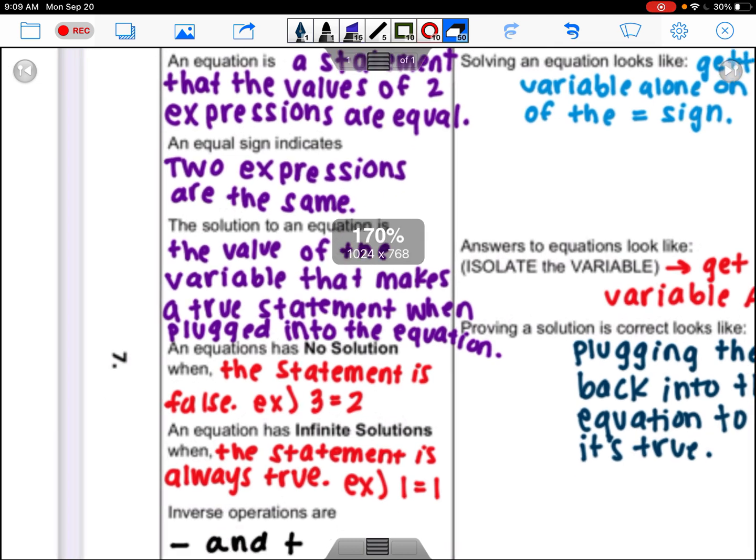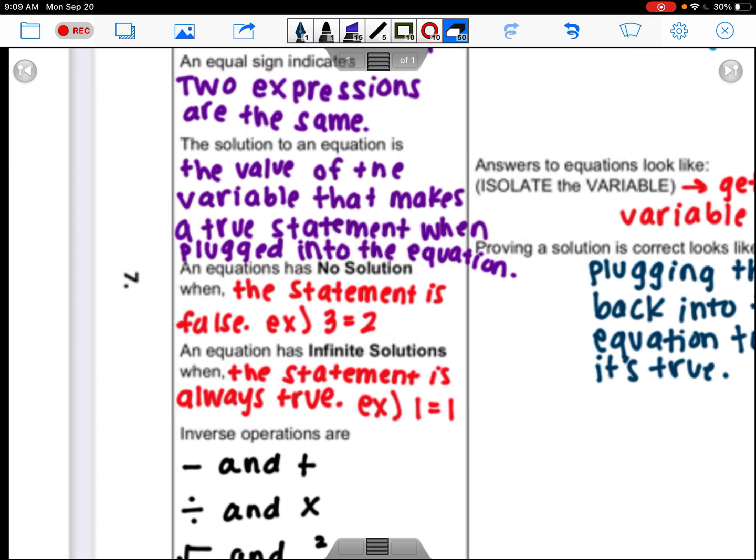The solution to an equation is the value of the variable that makes a true statement when plugged into the equation. For example, let's say my answer was x equals 2. That means if I plug 2 back into my equation, it should make the statement true.